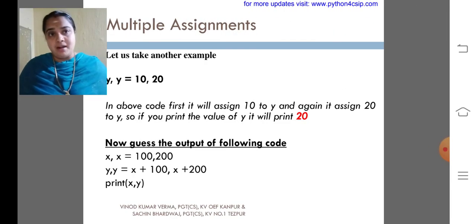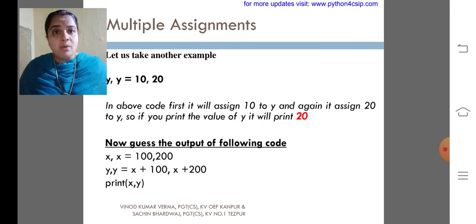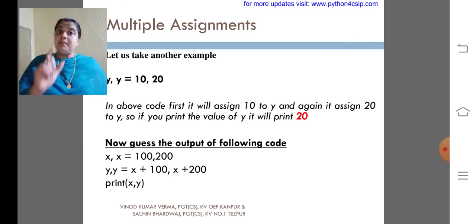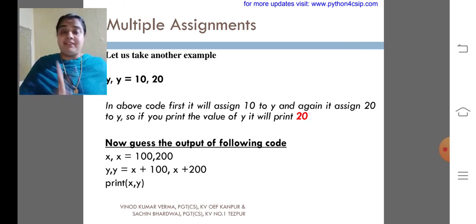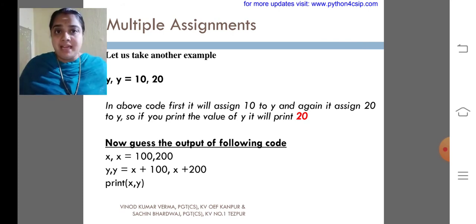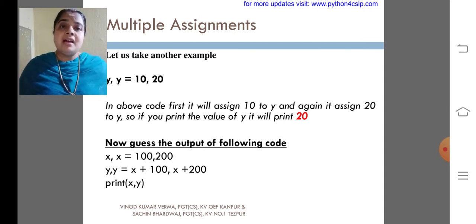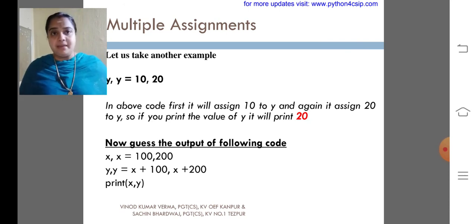Look at the next one. Let us take another example. Y, Y equal 10, 20. Here I am using the same variable with different values. What happens here? 10 will be assigned to Y at first. Again the assignment happens for Y. That is, 20 is assigned to Y. So what will be returned if you use Y in a print statement? It will return only 20, the last value assigned.